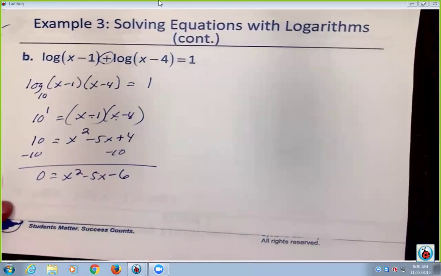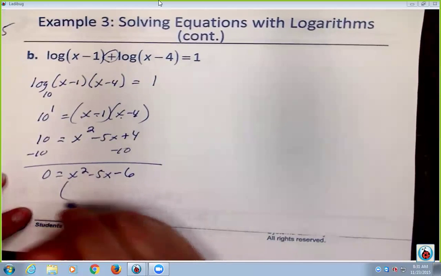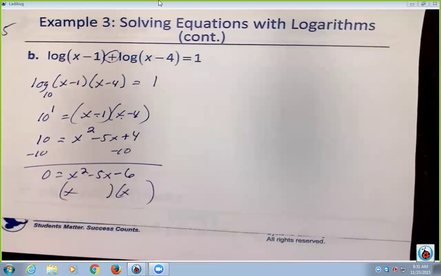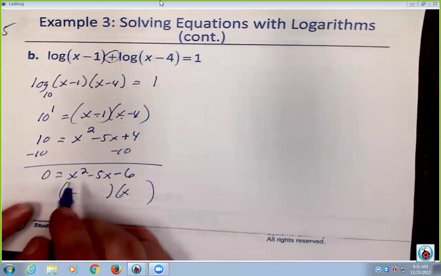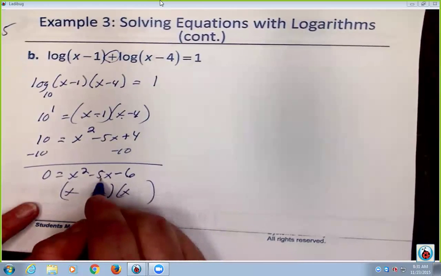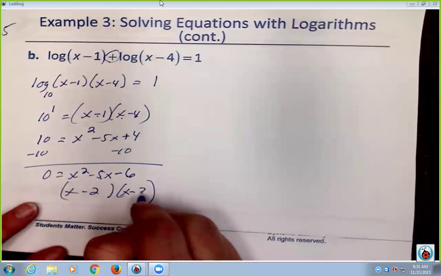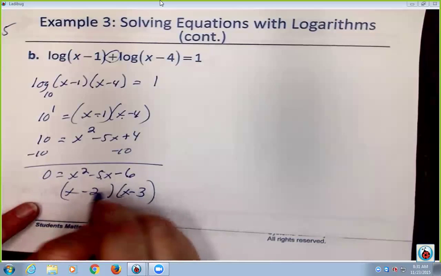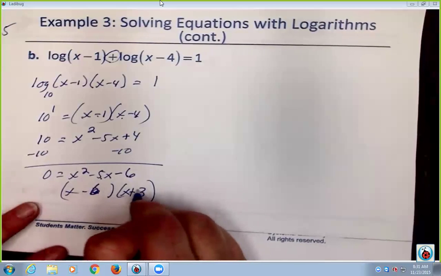So does it factor? Will that side factor? Negative 6 and a negative 5? No. Negative 2 and a negative 3? No. Negative 6 and a positive 1.